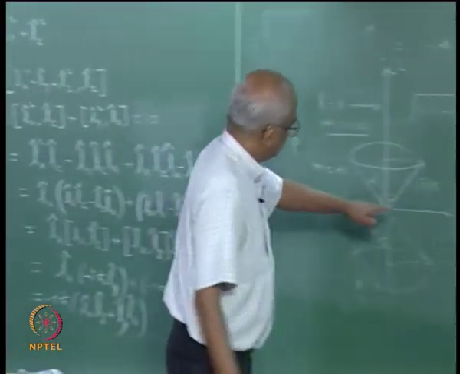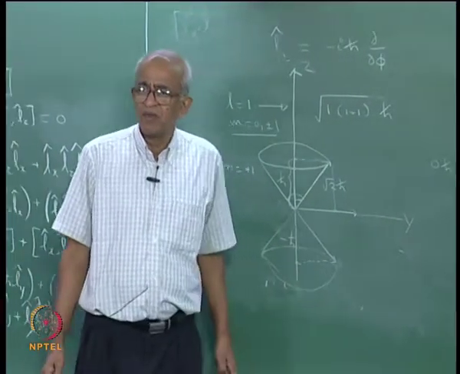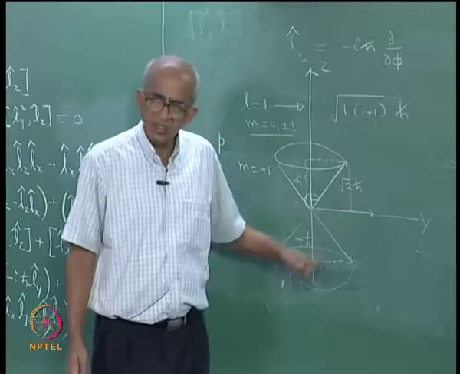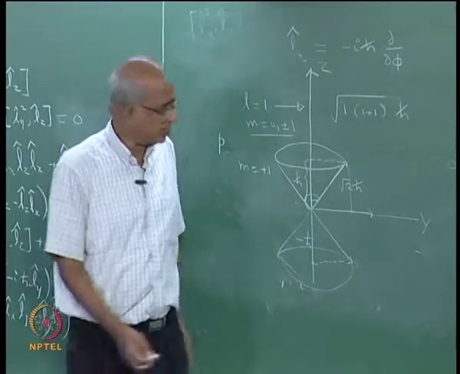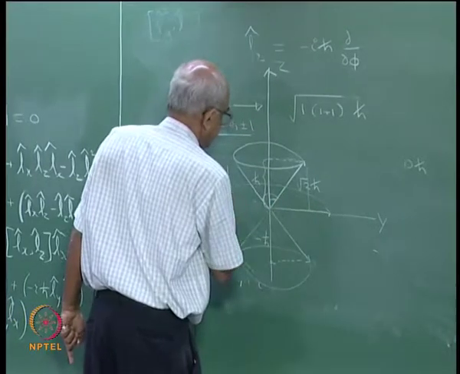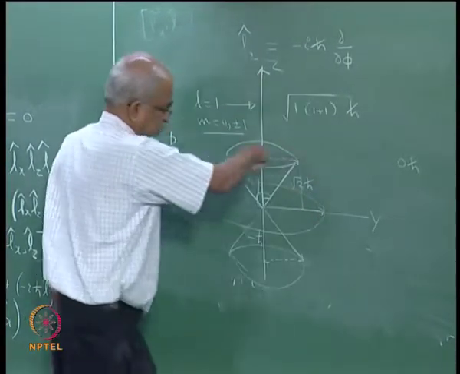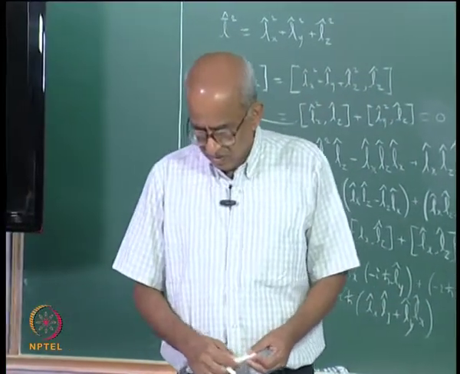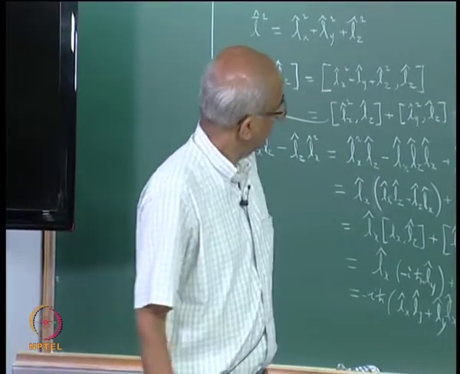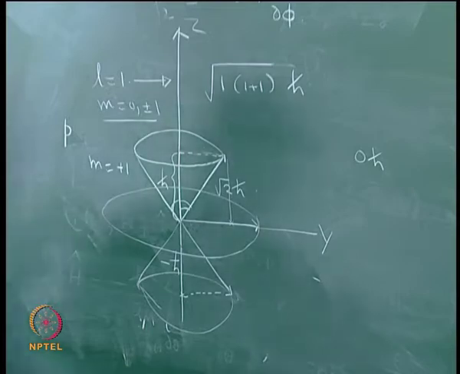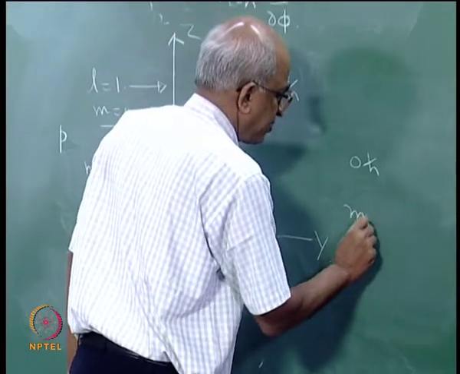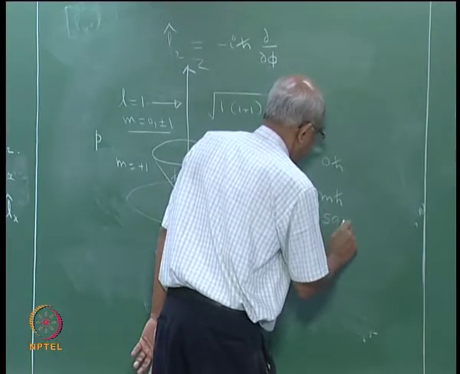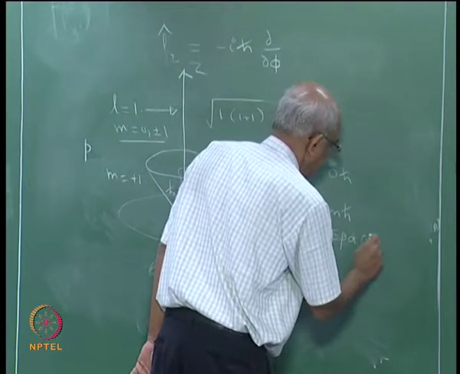Now, in the third case, again I can say the angular momentum vector is in the xy plane, but in which direction, that I cannot say. It may be oriented in any direction along the periphery of a circle of that radius. The condition that the z component of the angular momentum can have only values of the form m h cross is usually referred to as space quantization of the angular momentum vector.